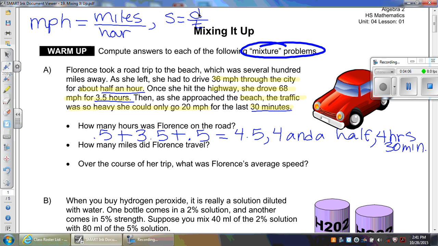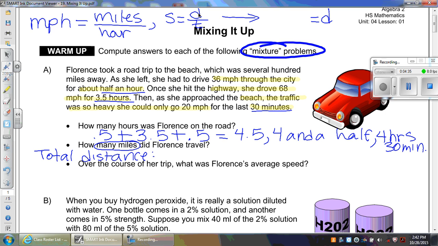The question here is asking us how many miles, so it's asking us about the distance, right? The total distance. So once you have this formula, S equals D over T, we could easily solve for D, right? Because what is T doing to D?